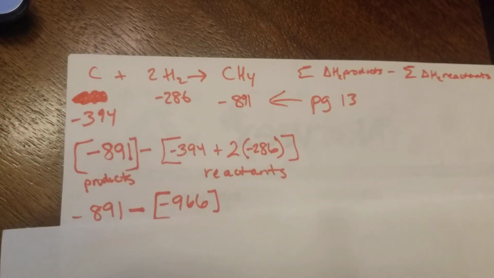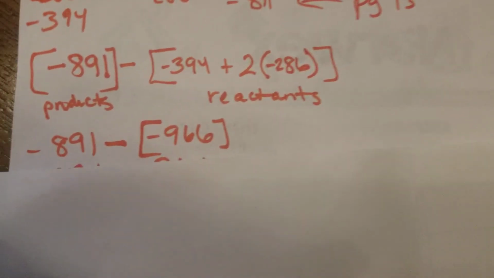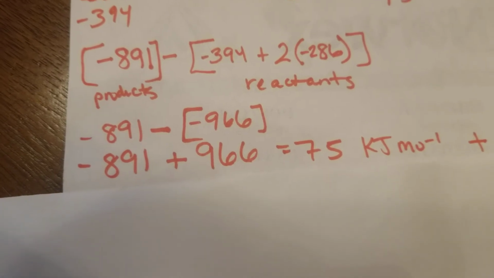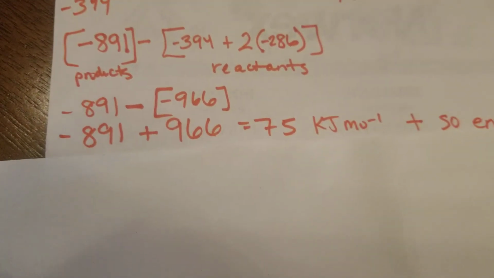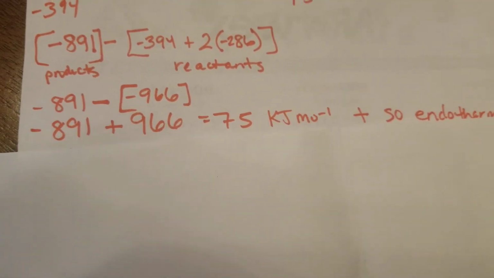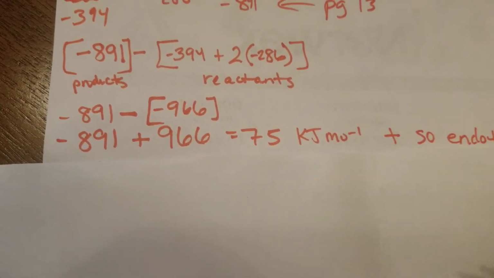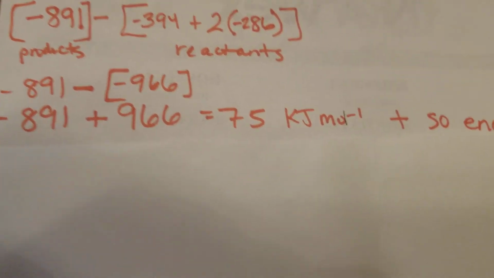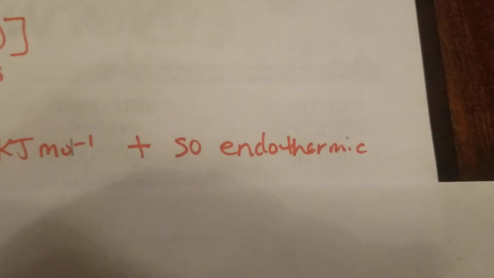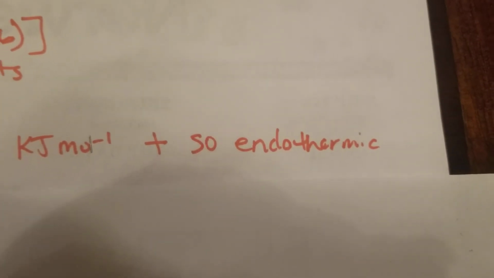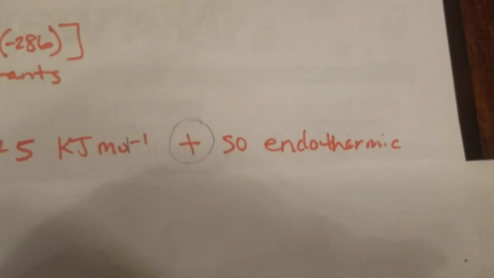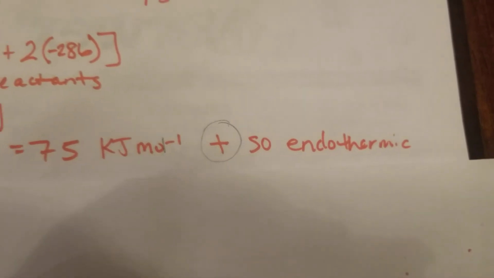I get negative 891 plus 986, which gives me 75 kilojoules per mole. Since it's a positive value, we would say that this is an endothermic reaction. A positive value means that it's an endothermic reaction.